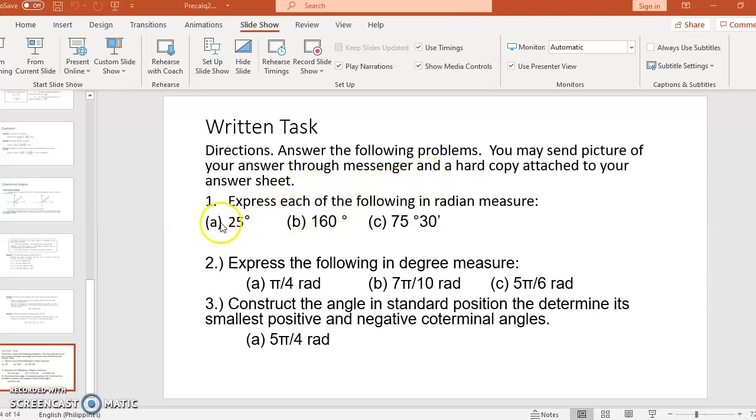So you have three measures in degree unit. Number two, express the following in degree measure. Number three, construct the angle in standard position. Then determine its smallest positive and negative coterminal angles.